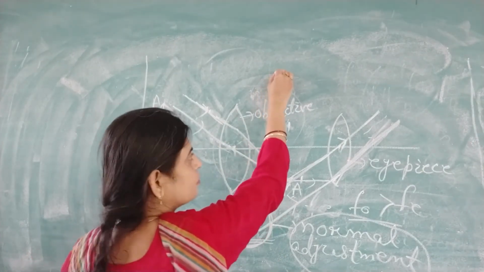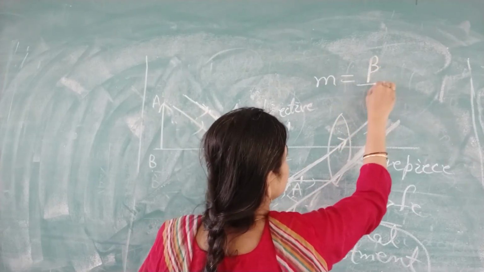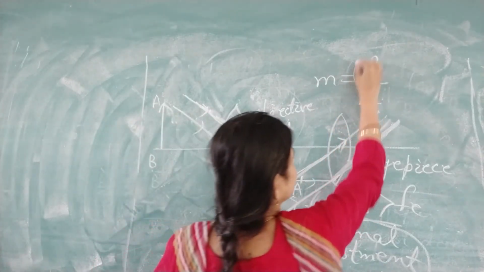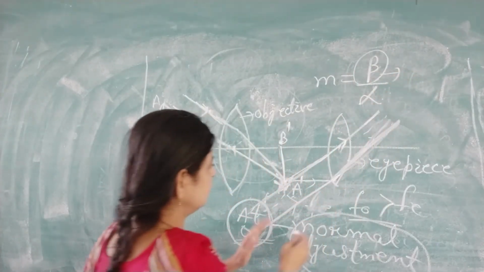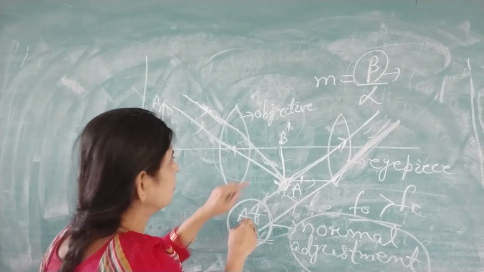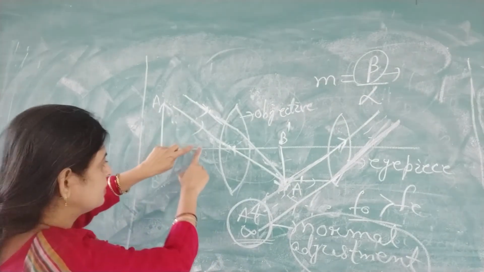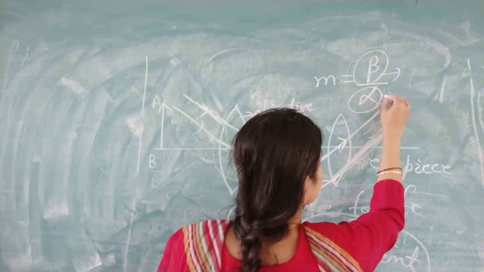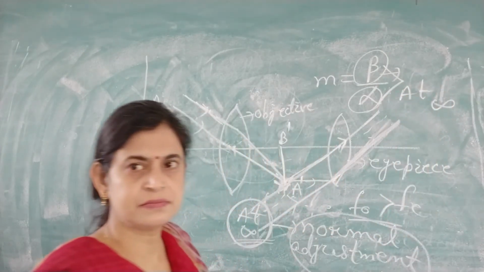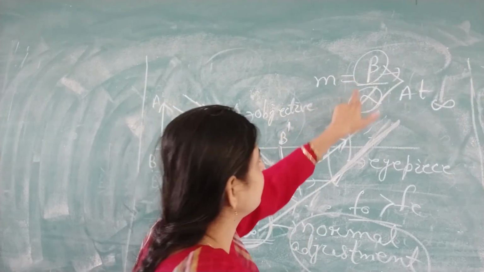Now you have to find out the magnifying power. Magnifying power is m, that is equal to beta by alpha. What is beta? Beta is the angle formed by the final image, and alpha means the angle formed by the object. But in this case, both are at infinity. So mark the angle beta and alpha.